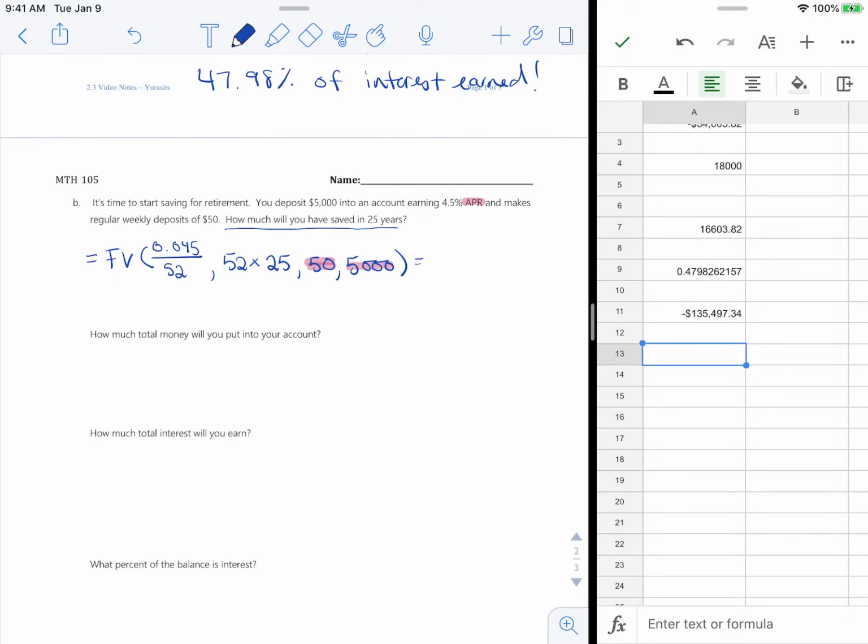So I will end up with $135,497.34. So I will have $135,497.34 after 25 years.